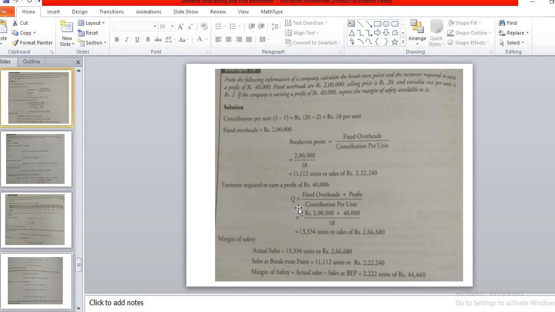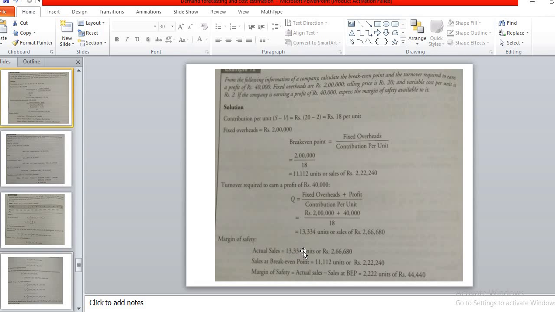For this 40,000 profit, Q is equal to fixed overhead plus profit divided by contribution per unit, as we discussed in the last example also. So fixed overhead is 2 lakh plus profit 40,000 divided by contribution per unit 18. So we will get 13,334 units. And multiply this quantity with selling price 20, we will get this quantity.